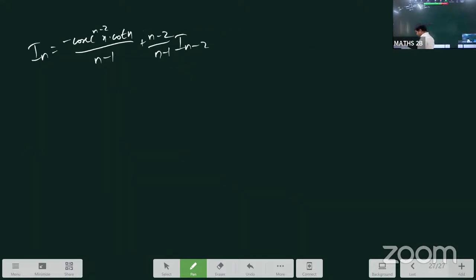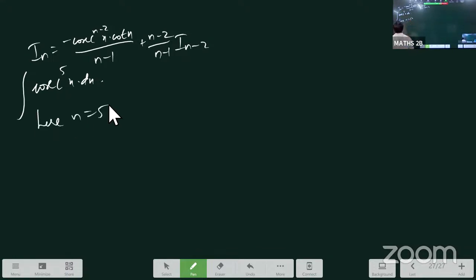Now, what is asked? So this is your reduction formula. Now evaluate integration of cosecant to the power 5 x dx. So here n is equal to 5. So what I am talking about is I5.